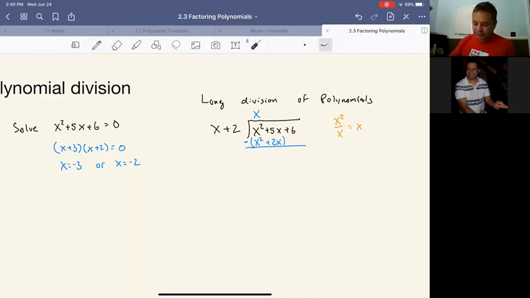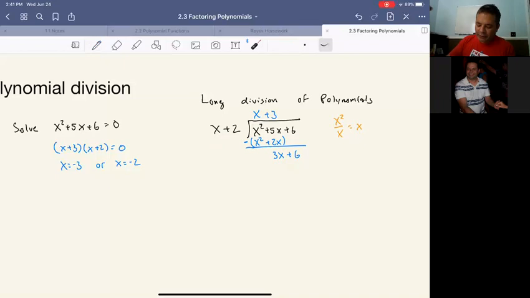These x squareds cancel. The whole point is that that x squared term should cancel, otherwise you're not going to get the right thing. 5x minus 2x is going to be 3x plus 6. 3x divided by x is going to be plus 3.